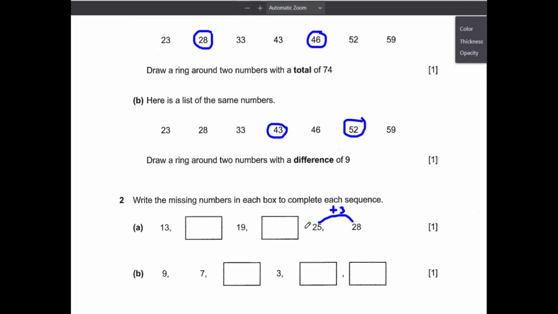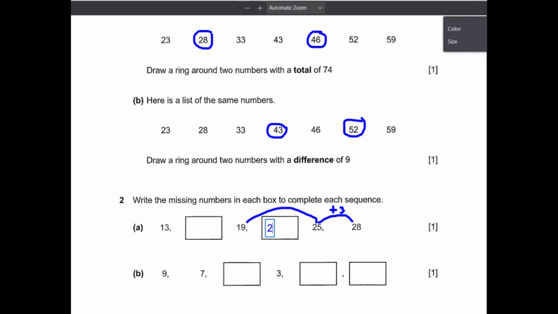The difference between 25 and 19 is 6, and the difference between 13 and 19 is 6.